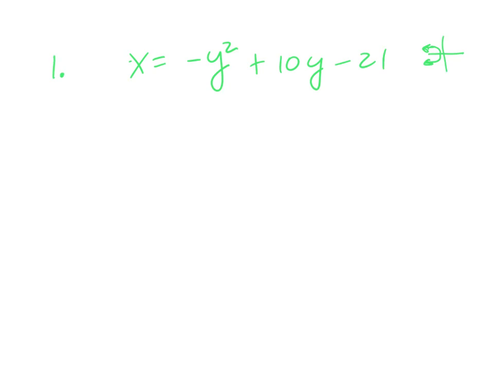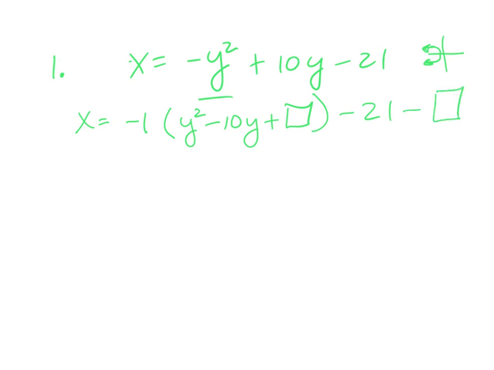Okay? So here we have x equals negative, the y squared isn't naked. We have to take out a -1, and we have y squared minus 10y plus box minus 21, and then minus box, okay? What's half of 10? What's half of 10, squared? 25.